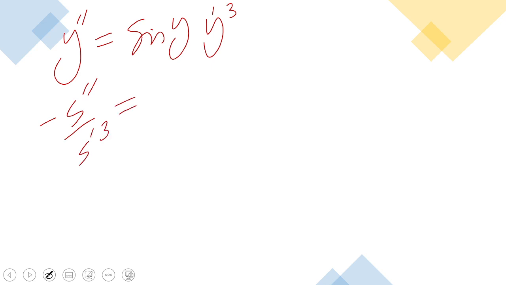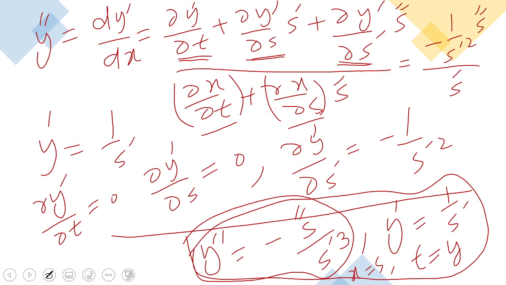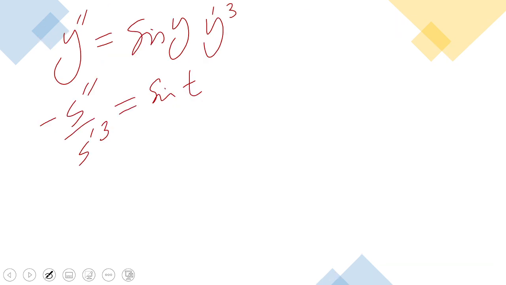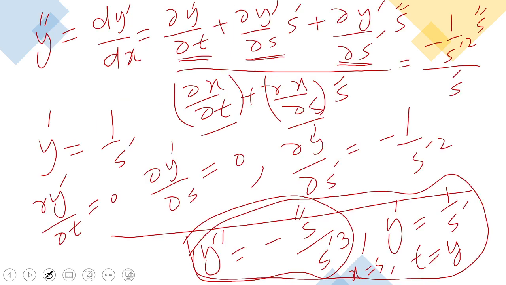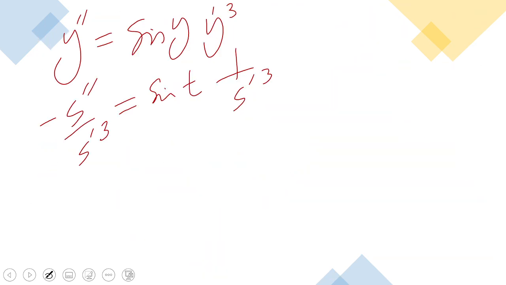Sine of y is T, you see here y is T, and y dash is 1 over S dash. This will become 1 over S dash cube because y dash is 1 over S dash.